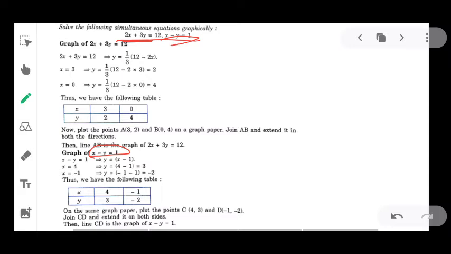So if x minus y equal to 1, then y will be x minus 1. Clear? Now when x equal to 4, y equal to 3. When x equal to minus 1, y equal to minus 2. Now make the table x, y: when x is 4, y is 3, and when x is minus 1, y is minus 2. Now we'll put the points 4 comma 3 and minus 1 comma minus 2 on the graph.